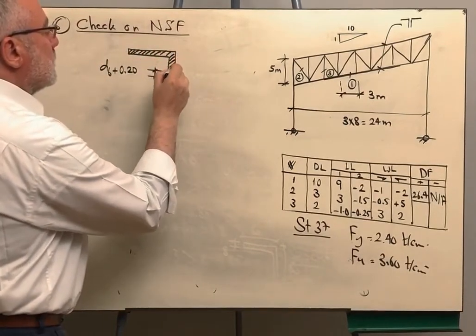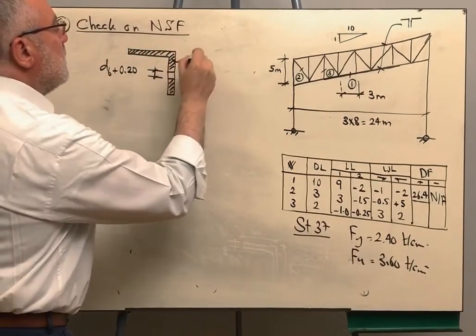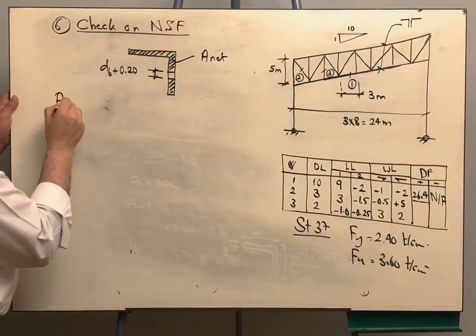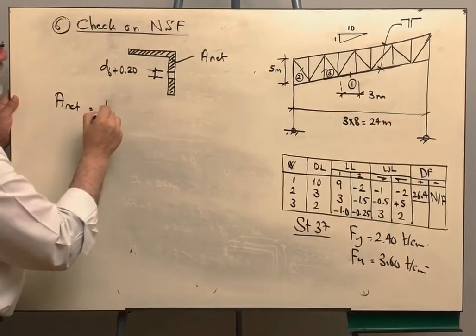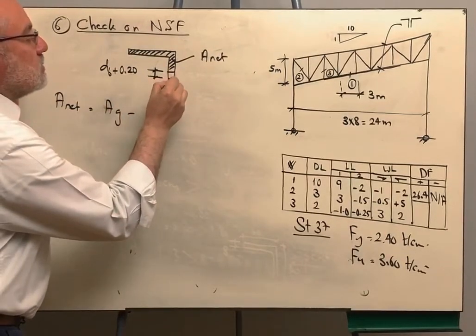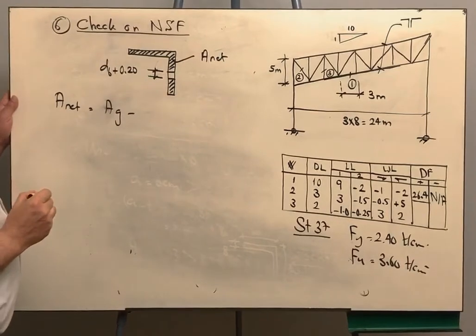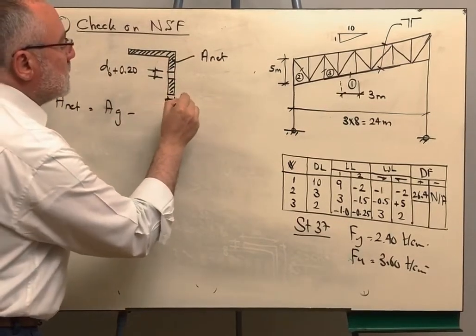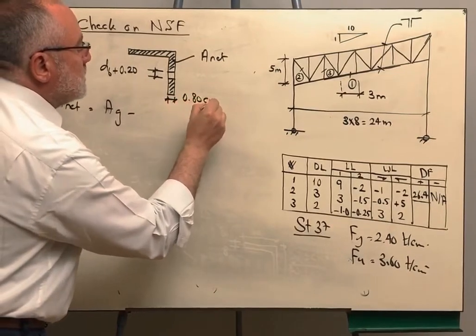And this will be the net area. So the net area will be the gross area minus the area deducted due to the presence of the hole, which will be D plus 0.2, and the thickness here is 0.8 centimeter.